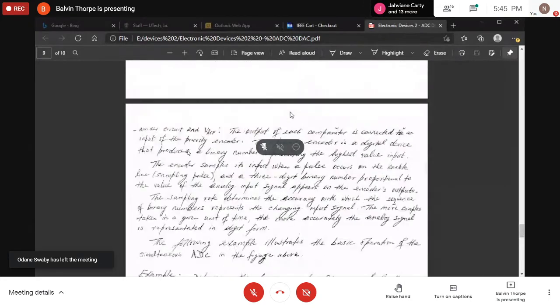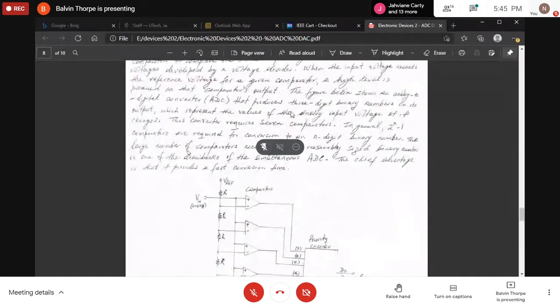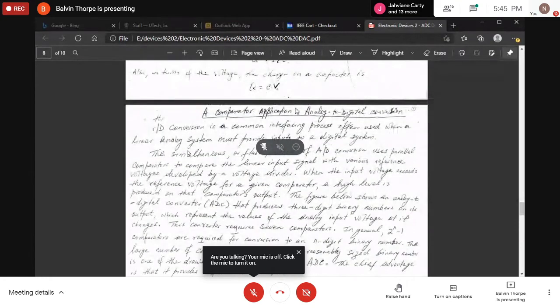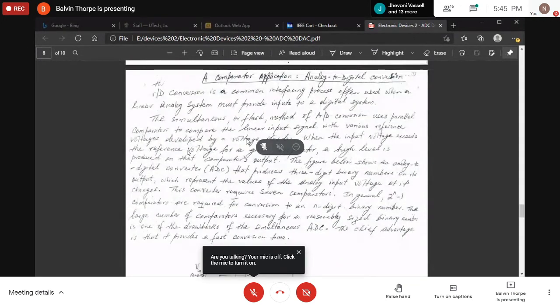So let's go straight to the analog to digital converter. I'm starting right here because we basically saw what a digital to analog converter was, and we're going to look at two examples and we're going to move on quickly. So let's just read and try to conceptualize at the same time.